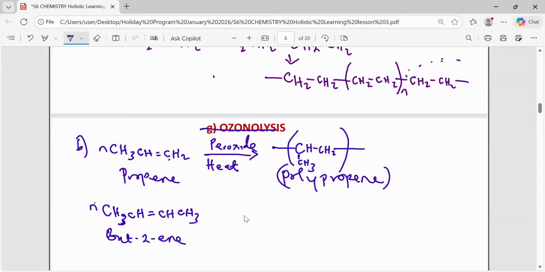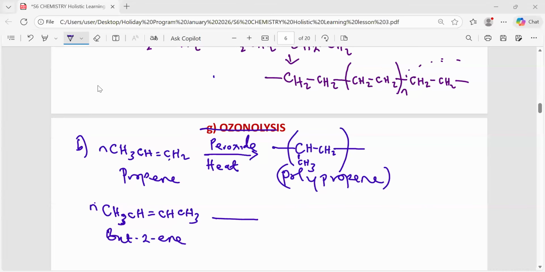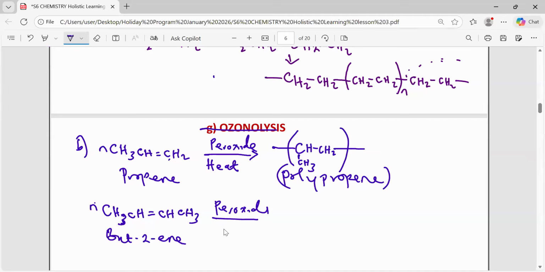So since it is butene, if we use peroxide and we have our heat here, this single bond is between these double bonds.